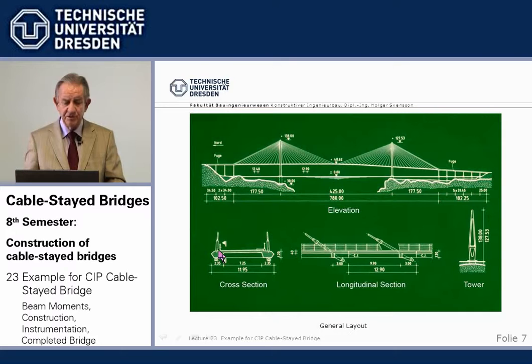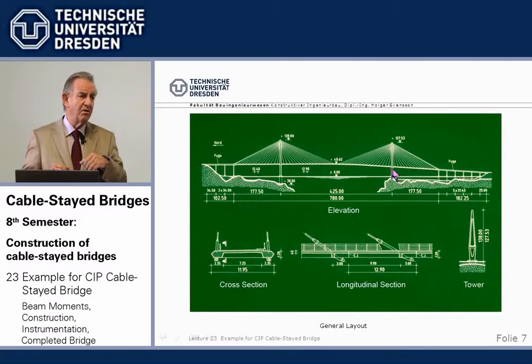So we chose 1.2 meters, which for a 425 meter main span gives a slenderness of 1 in 354. There is one a little bit more slender in the world, but this is, for this condition with the heavy storms, exceptional.